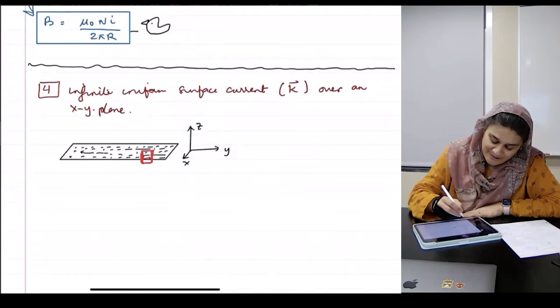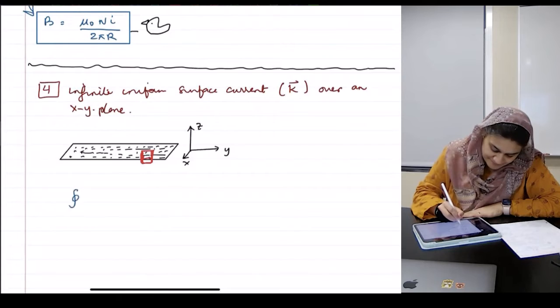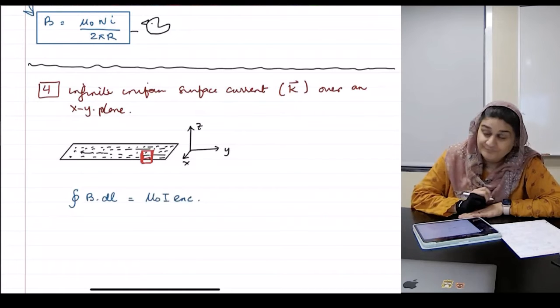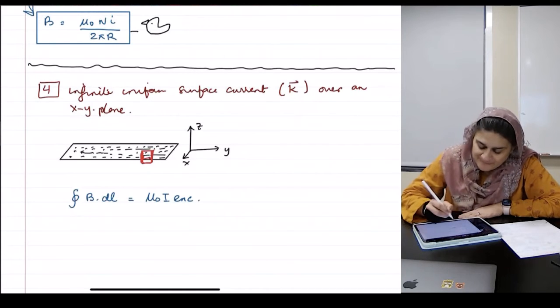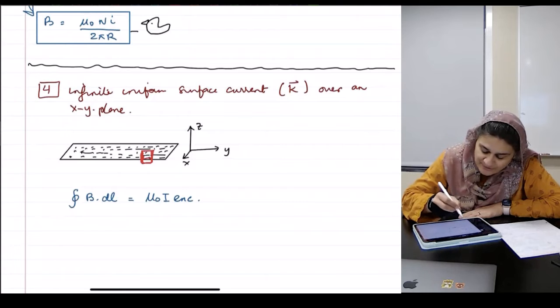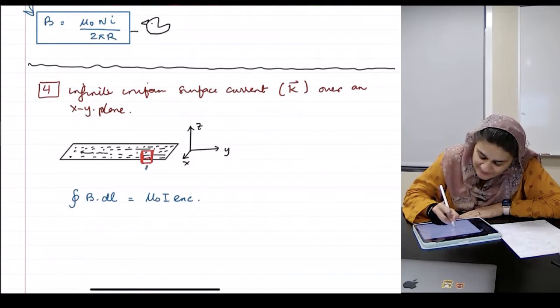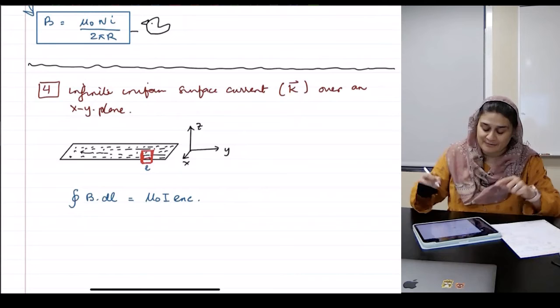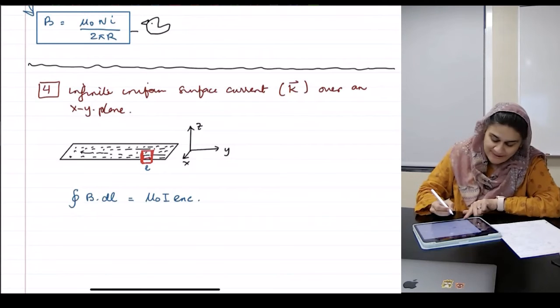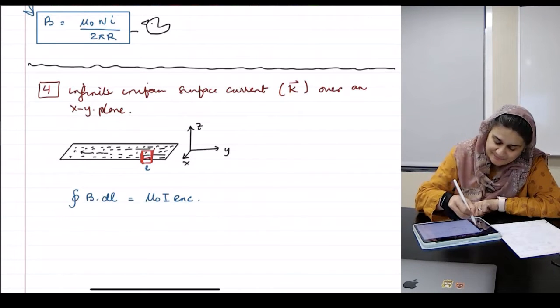So I can write my Ampere's law as this. Let's suppose that my Amperian loop has a length L. It's half above and half below.